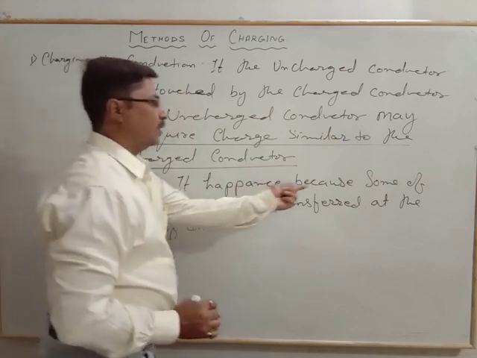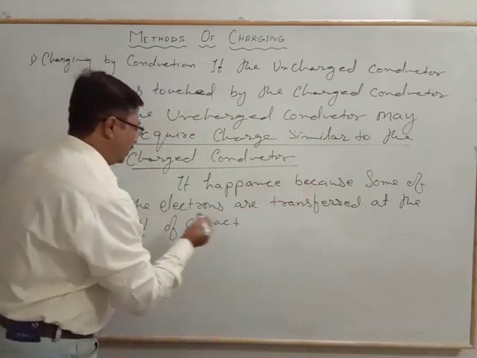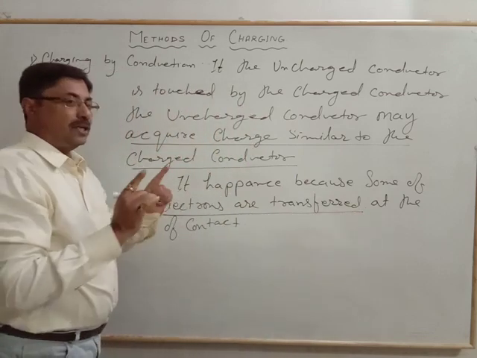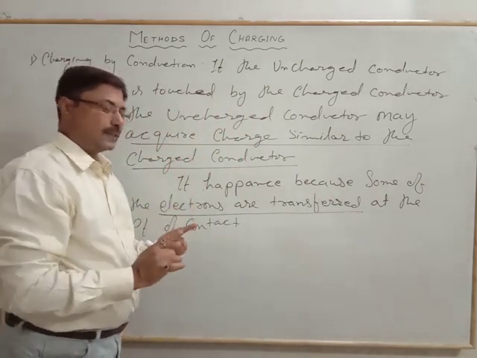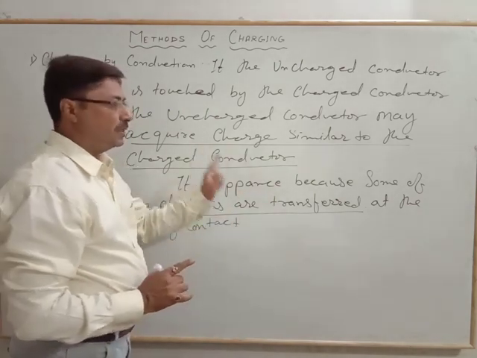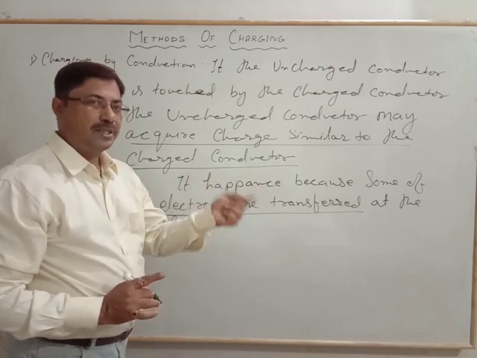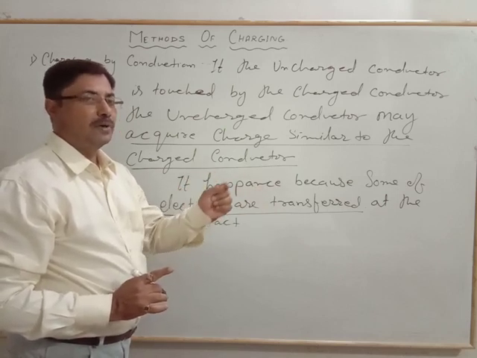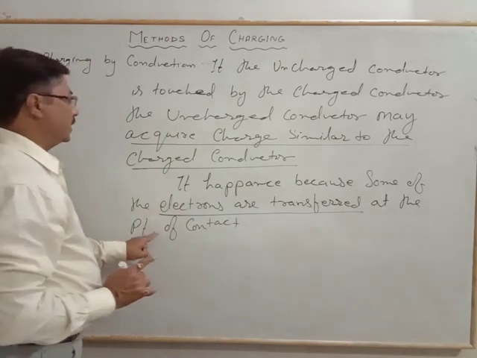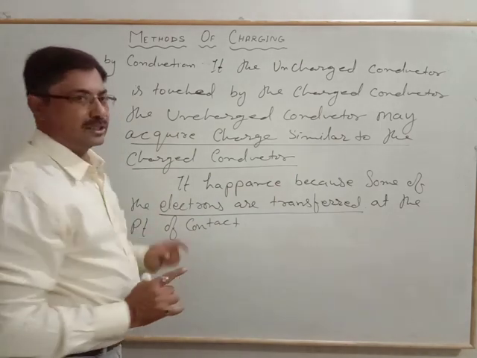It happens because some of the electrons are transferred. In either case, we already discussed that only the electrons transfer, only the movement of the electron, and by that movement a negative charge or a positive charge will develop. So this is the way charging by conduction occurs.